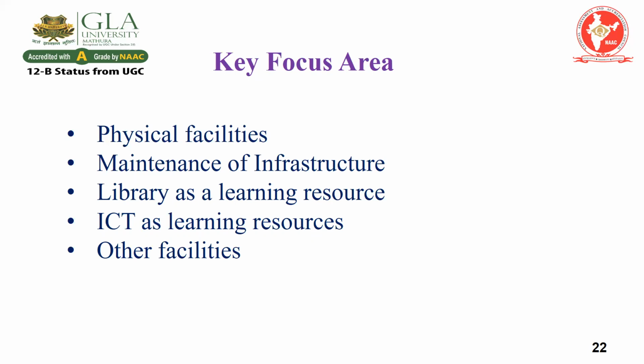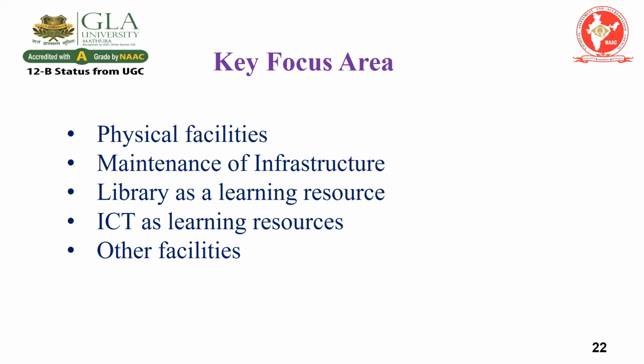If a lab is available, do we have the necessary equipment in that particular laboratory or not? Even NAAC asks for all those things with supporting documents, including bills and geotagged photographs. Maintenance of the infrastructure, how you maintain your infrastructure.